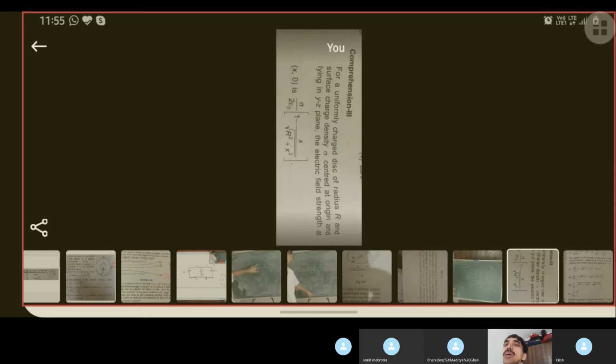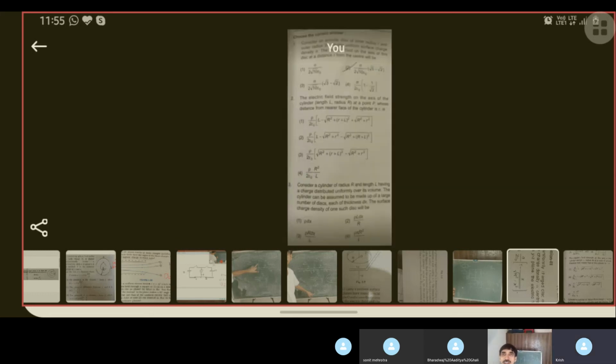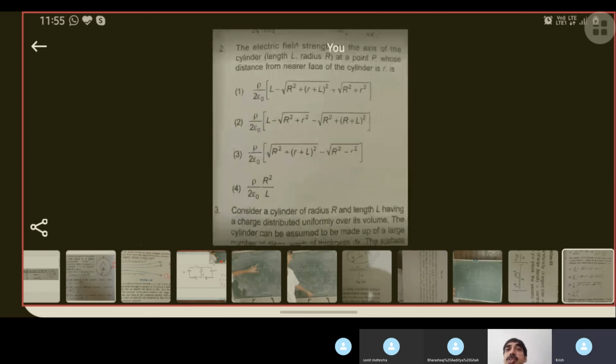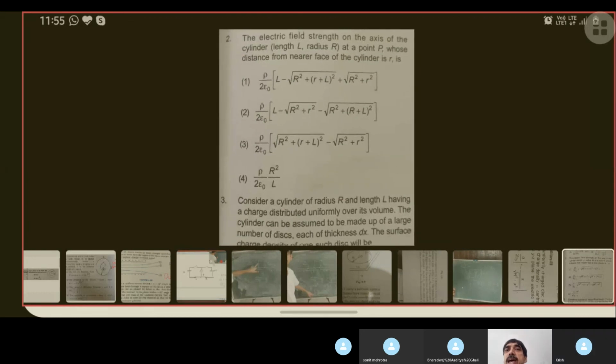Yes, sir. Okay, this is the formula for the field on the axis of a disk at a distance x. This is the comprehension and this is the question. Then they asked you about a cylinder, the electric field strength on the axis.